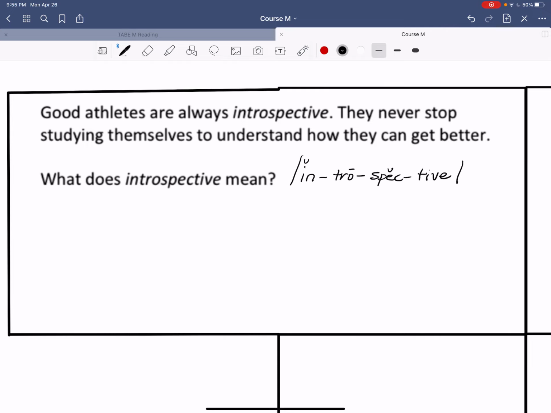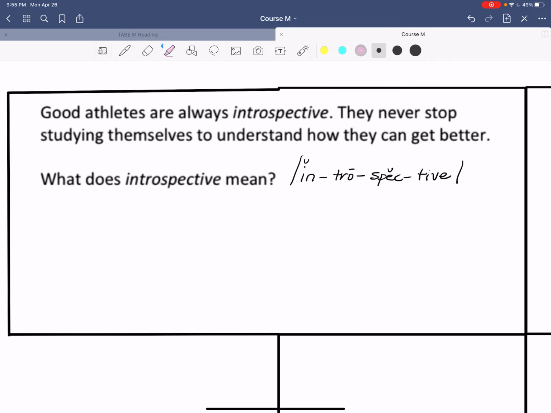So what does it mean to be introspective? The definition is really in there if we just know what we're looking for. Do you agree with me that we're talking about something that athletes do? Good athletes are always doing this thing called introspection.